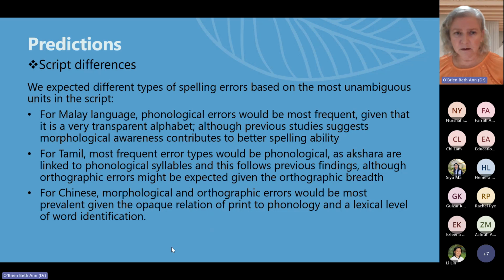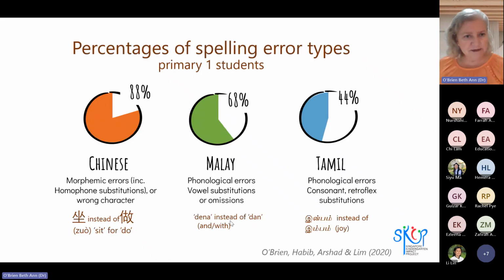And so what we found in our study, this is just representing the majority of errors that each group was making. So for Malay and for Tamil, we did find that most of the errors were involving phonological aspects of, either missing or substituted parts of the word. For Malay, these substitutions or omissions were mainly involving vowels, whereas for Tamil, these mainly involved consonant substitutions.